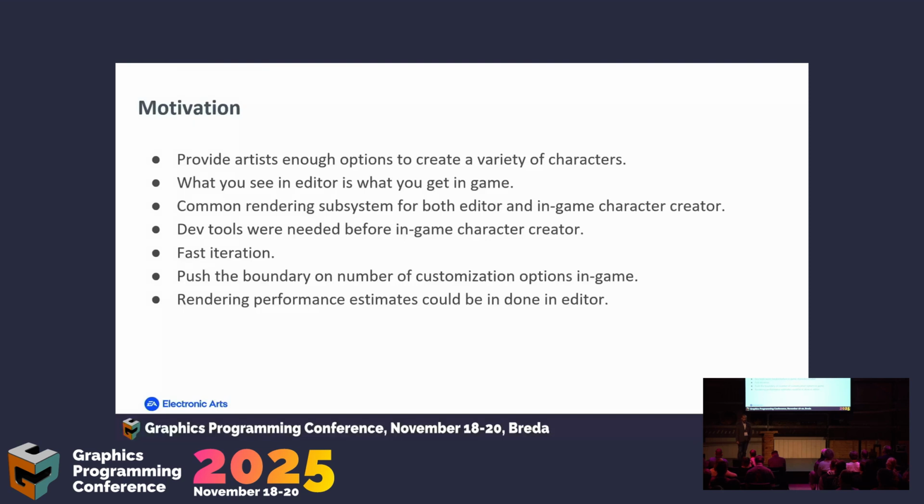Fast iteration was another one of our goals, and we wanted to push the boundary on how many customizations we can support and allow the player to create their own character. And last, we wanted to do performance estimates for our characters in the editor itself, so that we can get a good idea of how the performance would look later on.